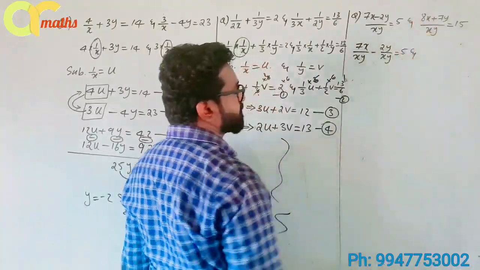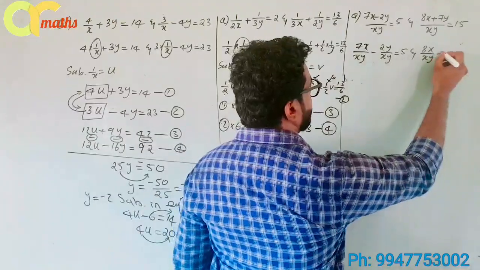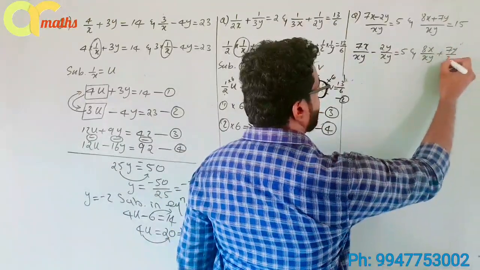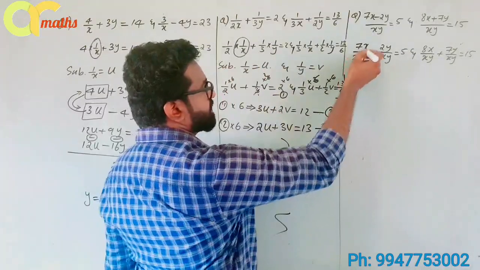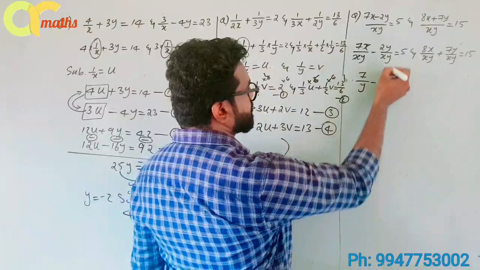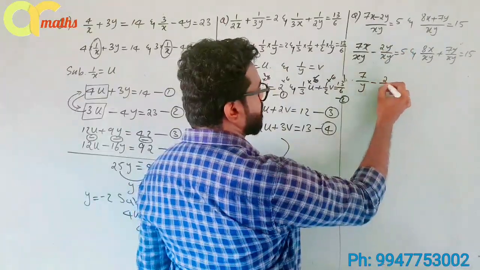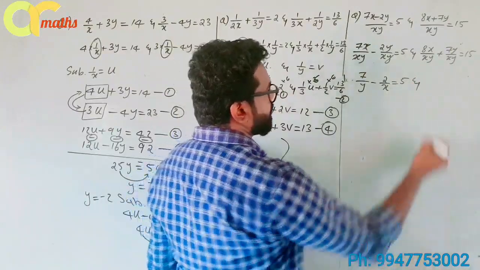And here 8x divided by xy plus 7y divided by xy equal to 15. Here you can cancel x. So answer is 7 by y minus 2 by x equal to 5, and x cancel.